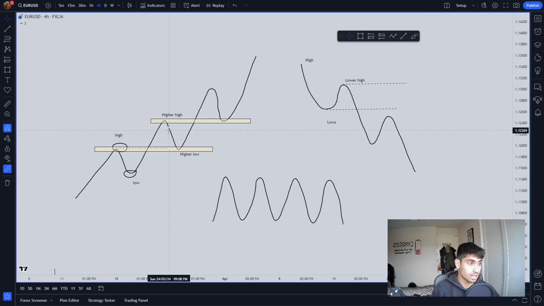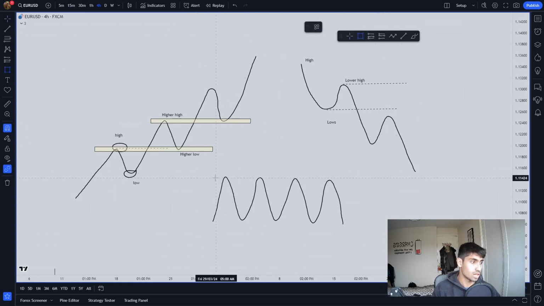Price breaks the highs, and then it comes down again to a point where this was a previous point in the market where people were selling, and now it's turned to support. So price is using it as support, and prices reverse back up. It comes down, uses support from the previous high, and goes up.